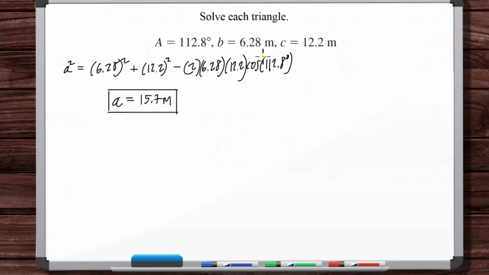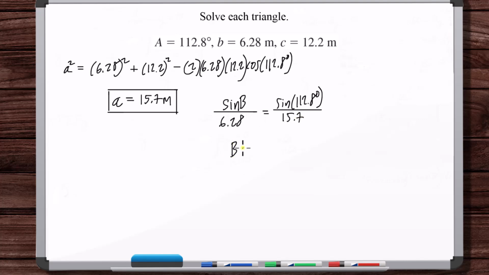Okay, what's the shortest remaining side length? That's side length B. So sine of B over 6.28 is equal to sine of 112.8 degrees over 15.7.